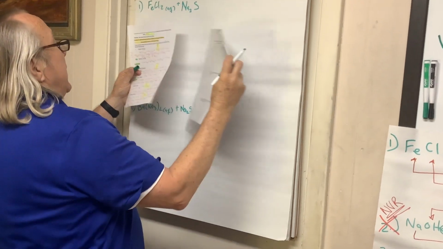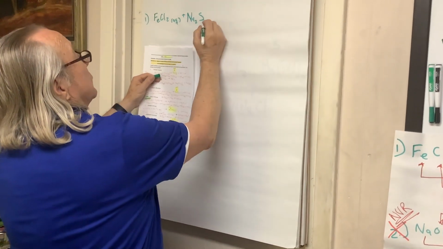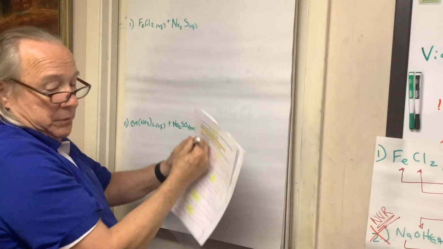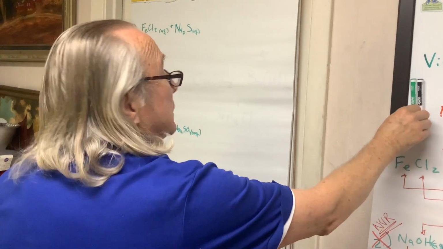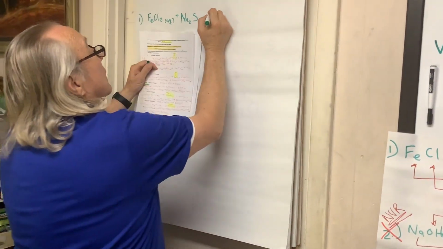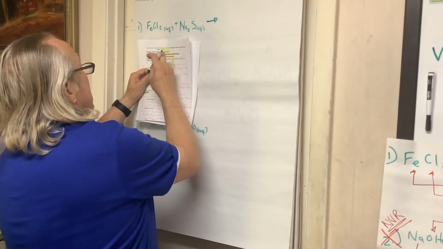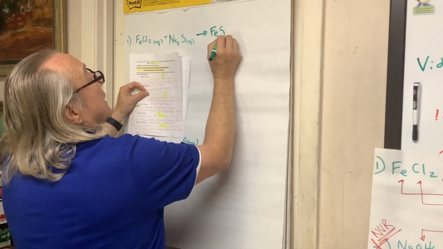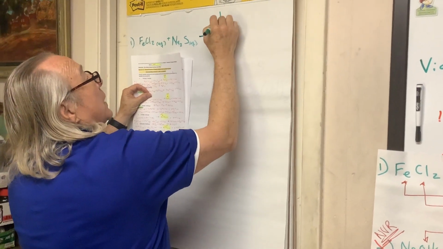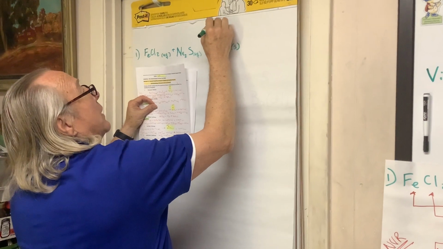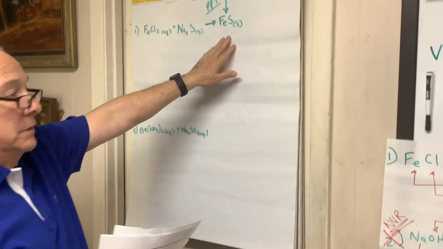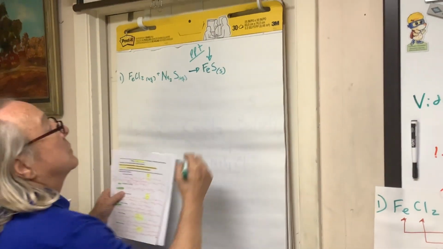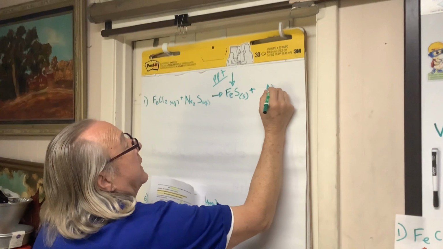Iron chloride, aqueous, plus sodium sulfide, aqueous, react to give me iron sulfide, and this is going to form a solid, a precipitate that falls out. That was our answer for the question on the first page, plus NaCl.